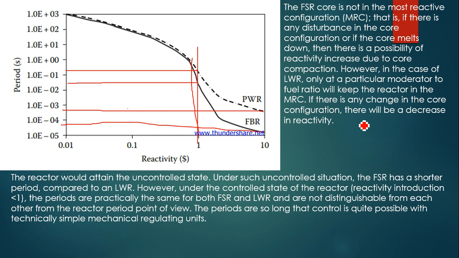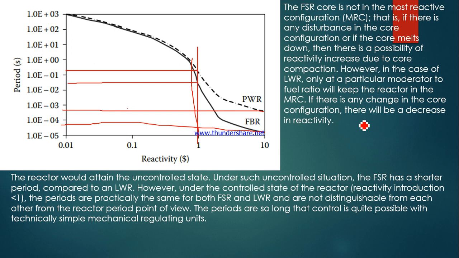but which is not there in thermal reactors, because the moderator is there, correct? So only a particular moderator to fuel ratio will keep the reactor in the most reactive configuration. So if there is any change in the core configuration, definitely there will be a decrease in the reactivity, so we will not see the transient.